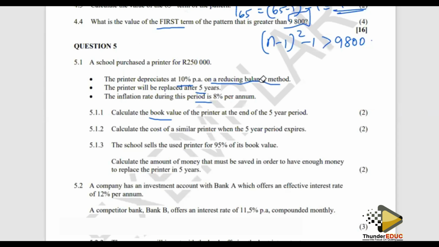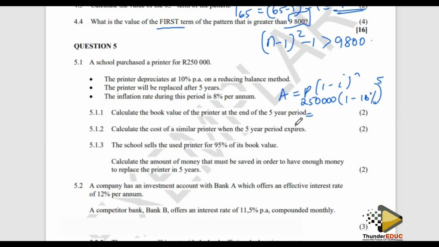I'll not say current value, but the price that the printer will be in 5 years' time if depreciation took place. So since it's reducing balance, it's 1 minus i to the exponent of n. So it's going to be 250,000 into 1 minus 10%, or you can say 10 over 100, to the exponent of 5.